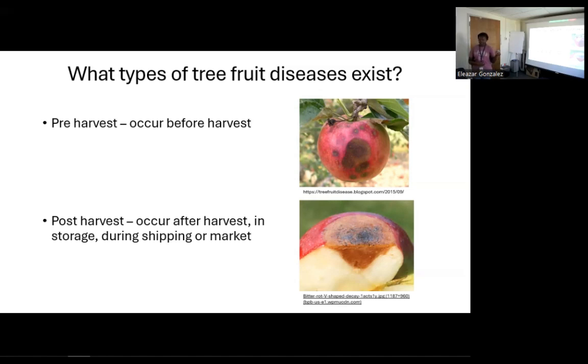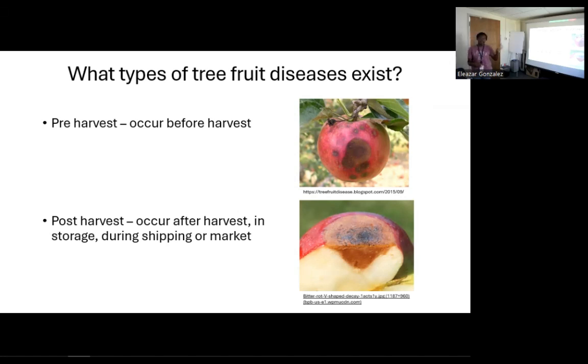For a lot of the tree fruit, I know that they will be stored for several months to supply the market at different times. And so if you have a disease occurring in storage, during shipping, in the market, I've been to stores and you see some fruit rotting, all those would be post-harvest diseases.